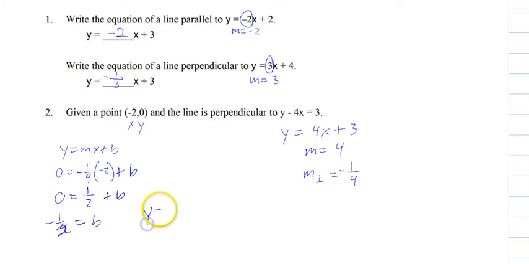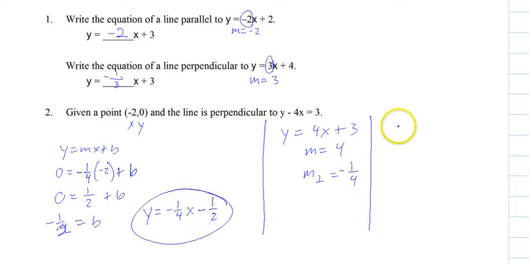So our equation would be y equals -1/4 x minus 1/2. Or we can use point slope form, which is y minus y1 equals m times x minus x1, and plug it all in.